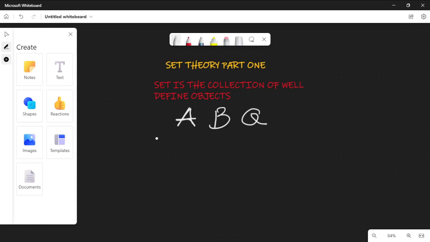In sets, we have a special bracket that we use in representing a set. That is, if I write that A is a set of numbers from 1 to 10, I'm going to write it that A is equal to the set of numbers 1, 2, 3, 4, 5, 6, 7, 8, always put a comma, 9, and then 10.